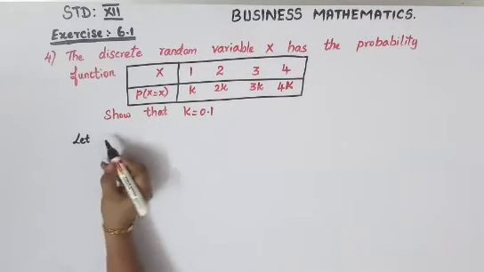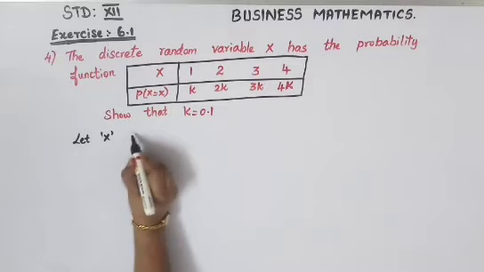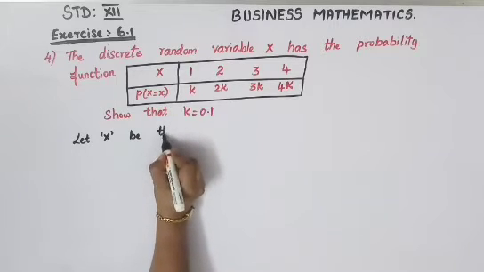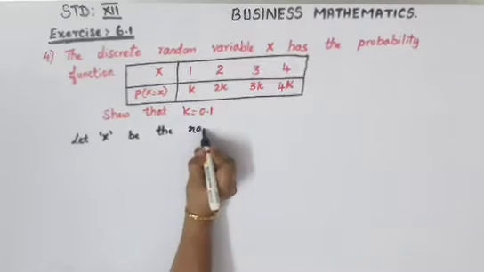So they have given X is a discrete random variable. So first we will declare that let X be the random variable.